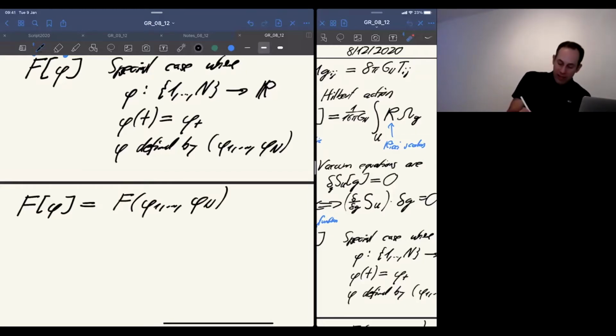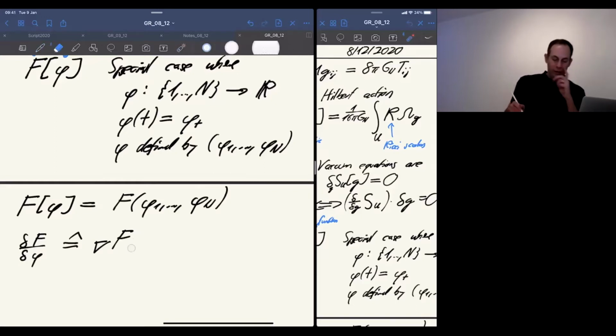Now what does it mean if I write something like delta F to delta phi, which is what I wrote before in the case of the action S? What does that now mean in this analogy? So this really just means in the analogy that it's essentially the gradient of F. Maybe a picture could also help.